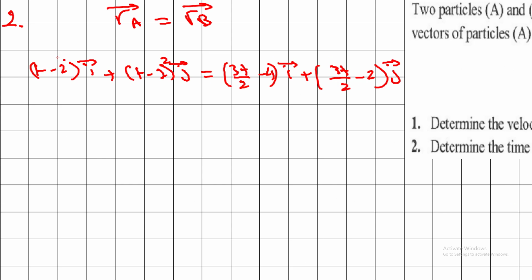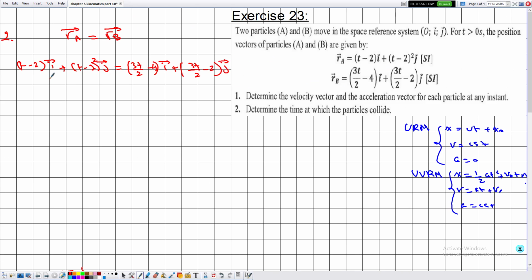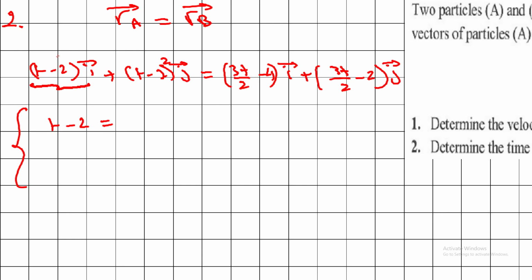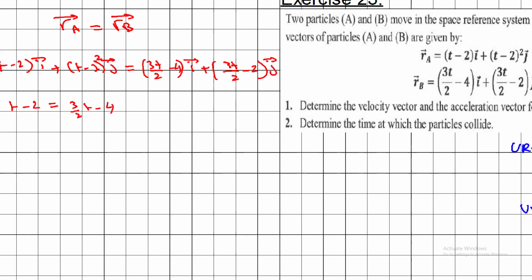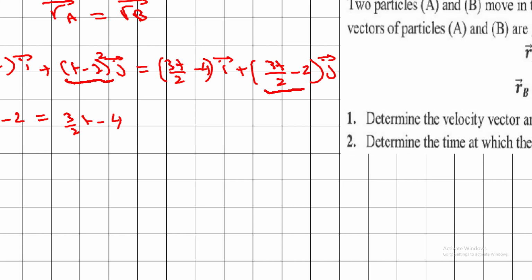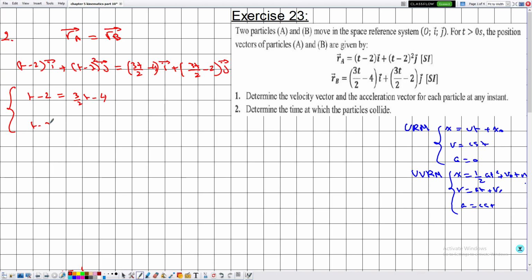So this is a vectorial equation. What's the solution of this equation? In order to solve it, we need to equate the x component and the y component. So this will give us two equations. The first one: the x component equals the x component, so t minus 2 is equal to 3 over 2 t minus 4, and the y component equals the y component, so (t minus 2) to the power 2 is equal to 3t over 2 minus 2.